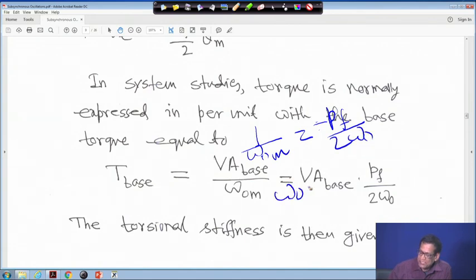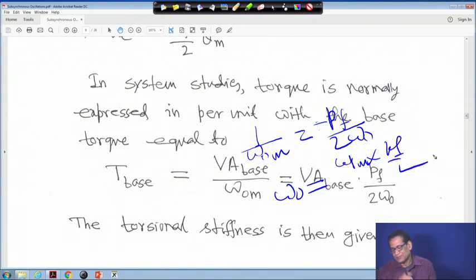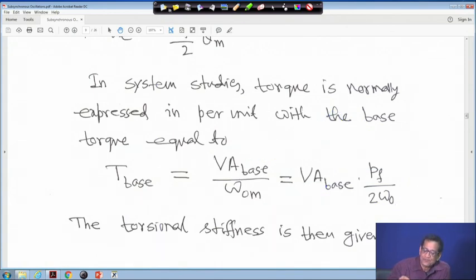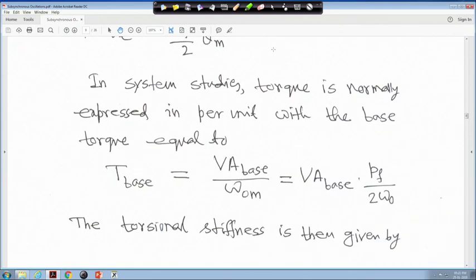That means omega 0 is equal to omega 0m into Pf by 2. We know theta e is equal to Pf by 2 into theta m, therefore omega 0 is equal to omega 0m into Pf by 2, and that relationship we are using here. This we have already derived in the synchronous machine topic.